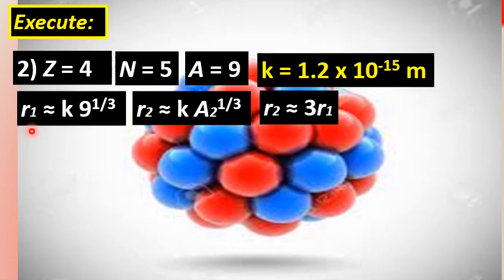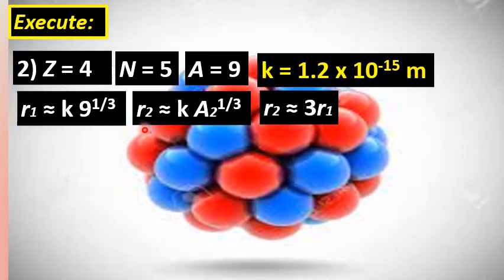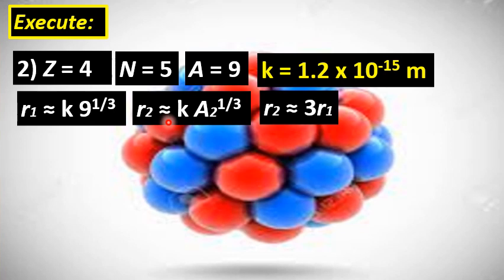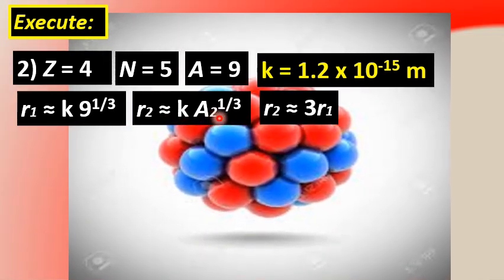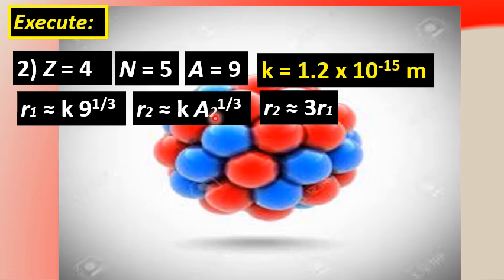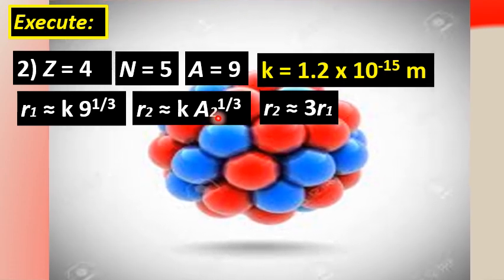Just like R1, we can also express R2 as being nearly equal to the constant K multiplied by the cube root of the mass number A sub 2.